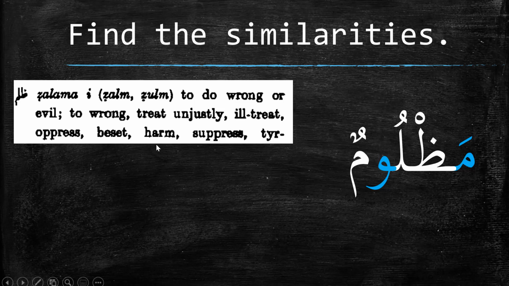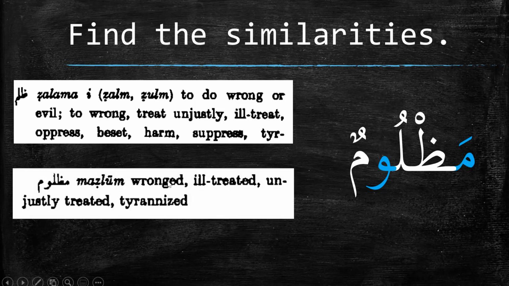So if the action of doing wrong, doing evil, treating unjustly, or oppressing happens to something, then it is oppressed, it is harmed, it is treated unjustly. So wronged, ill-treated, unjustly treated, and so on.